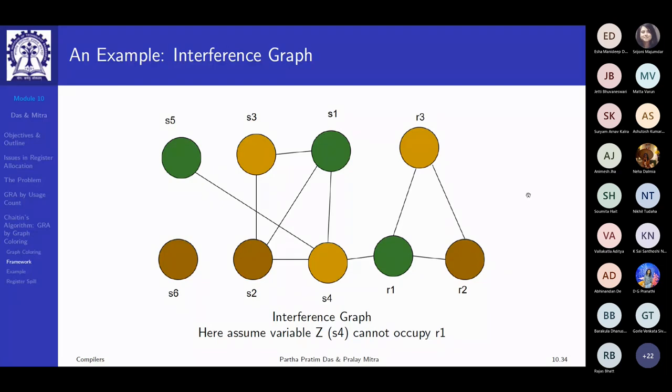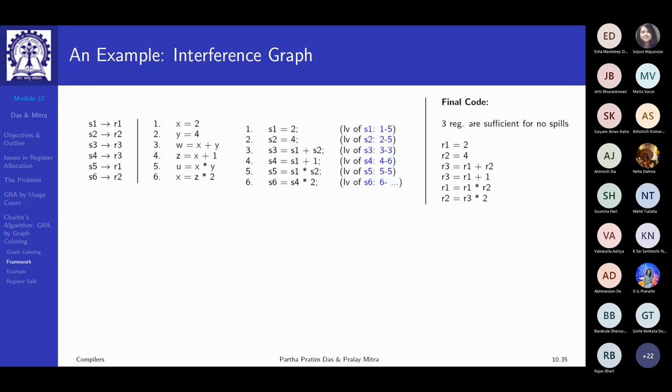So it says that if I want to solve this problem of register allocation with the constraint that Z cannot occupy register 1, then this entire graph has to be 3-colored, which in this case it happens to be. Fine. So once this has been done, then we know the colors.